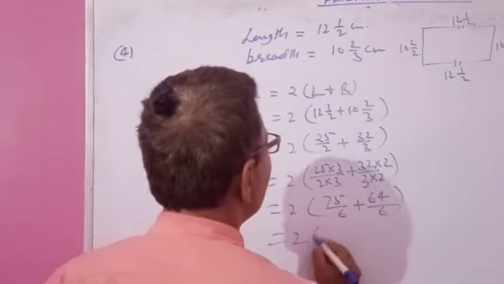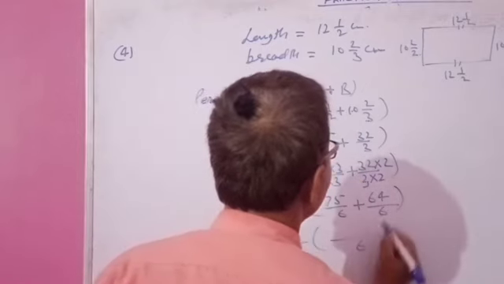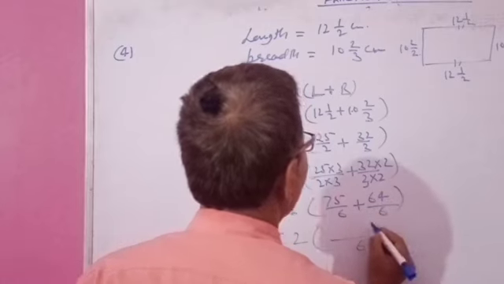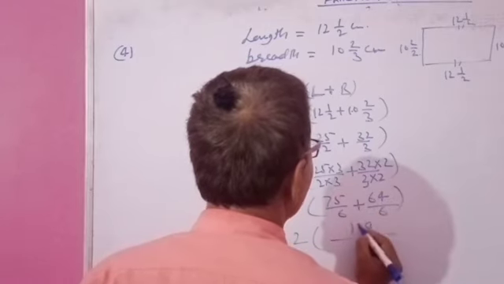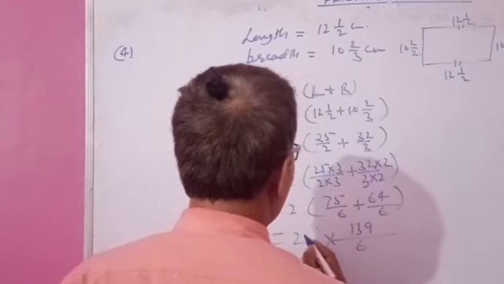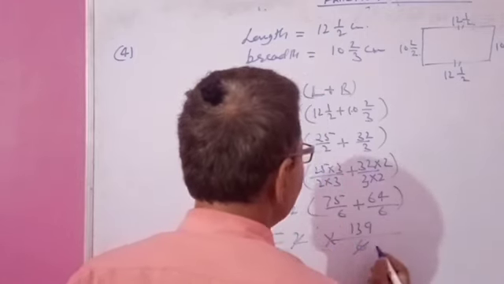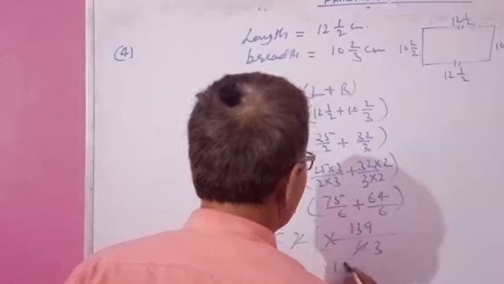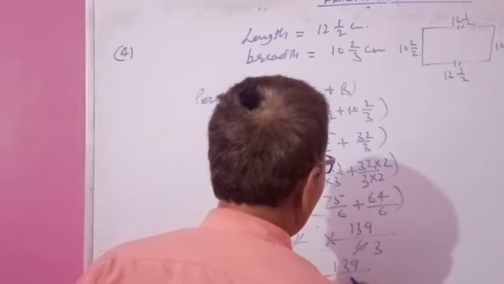Now 75 plus 64 is 139. Now you multiply by 2 and can cancel 6, giving 139 upon 3.